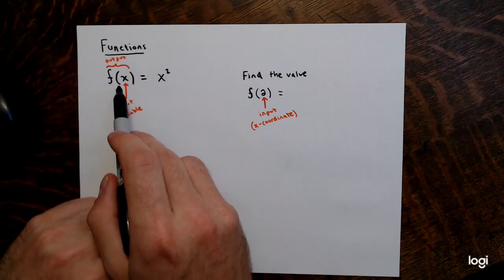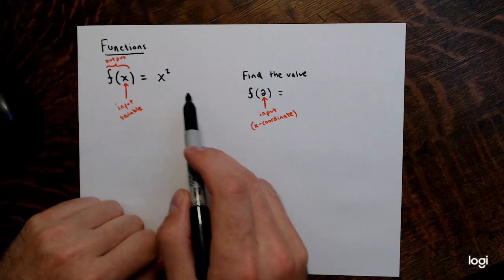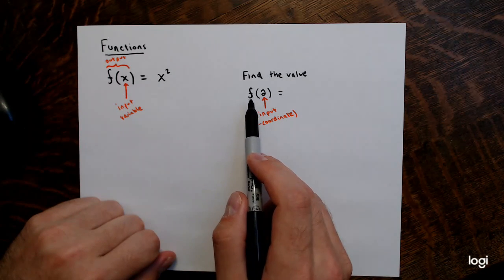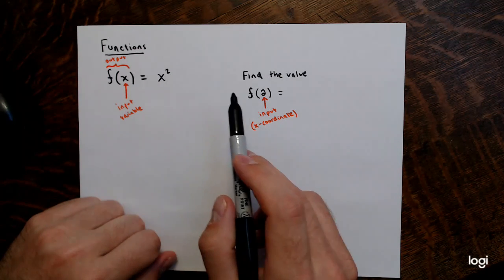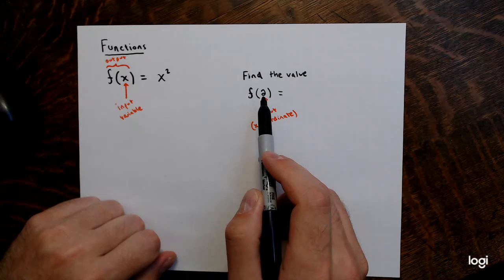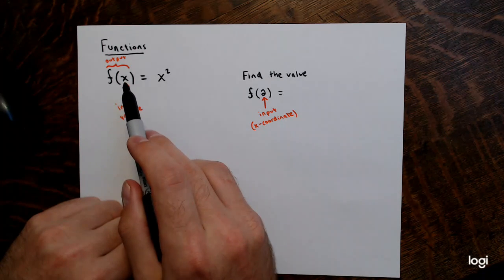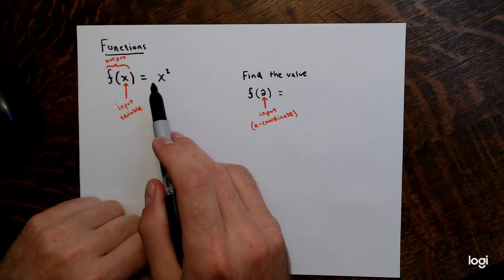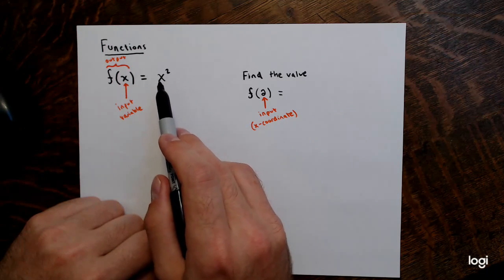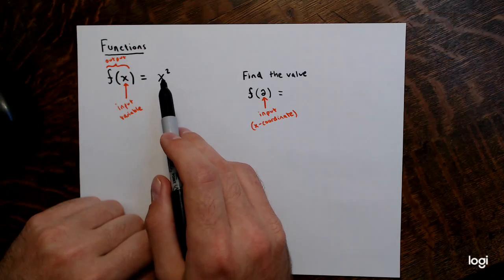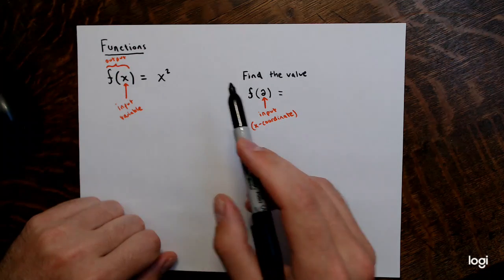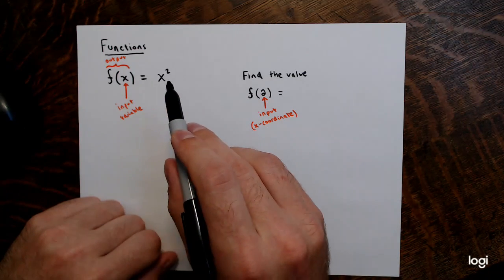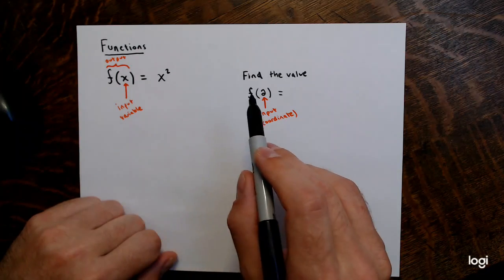And what you do is what the rule tells you to do. So this is telling me go to the rule for f, which is here, and apply the rule for f to the number 2. So what does this rule for f do here? It says take this input x and square it. You do what's on the other side of the equal sign to the input.